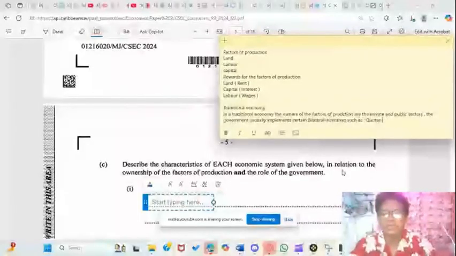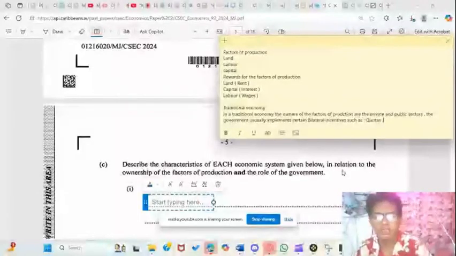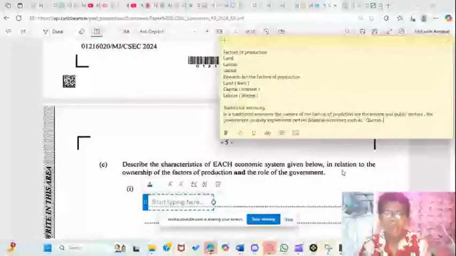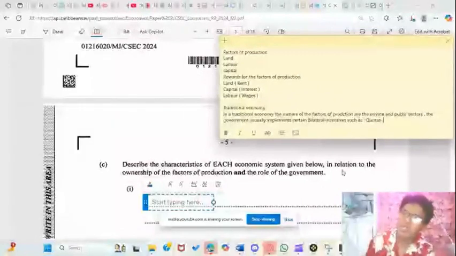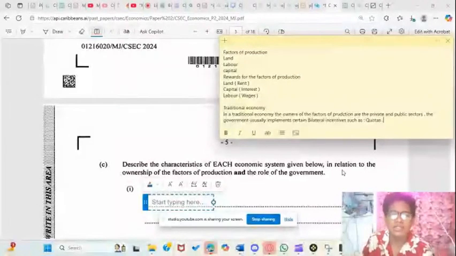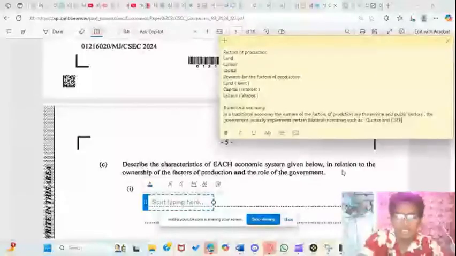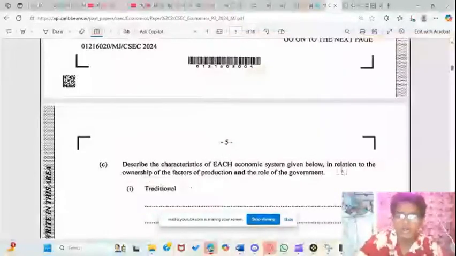So quotas, to explain quotas in a simple sense, quotas is the amount of goods that you could bring into the economy. So you can't really bring in 1 million tons of barrels of oil. So there's quotas, and CET is the term.